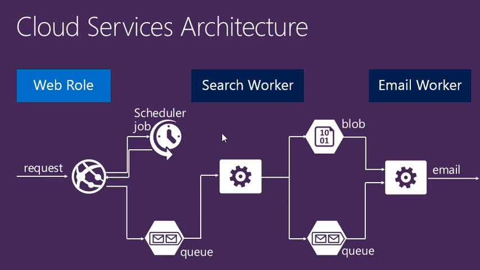And there you can have another, in our scenario, search worker, any searching engine you have, you can index with it, and you can store all your content into the blob, and accordingly once it gets complete, you can queue, and there will be another worker which will be fetching that data from the queue and sending the email. So this is one of the high level use cases I would like to showcase here.